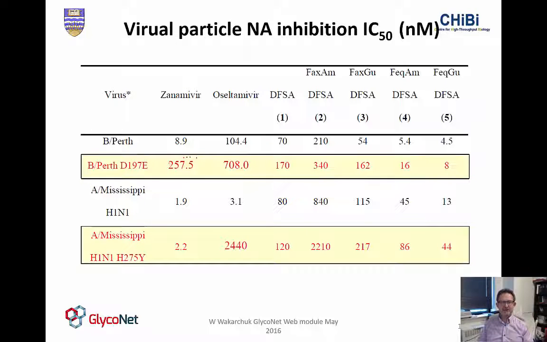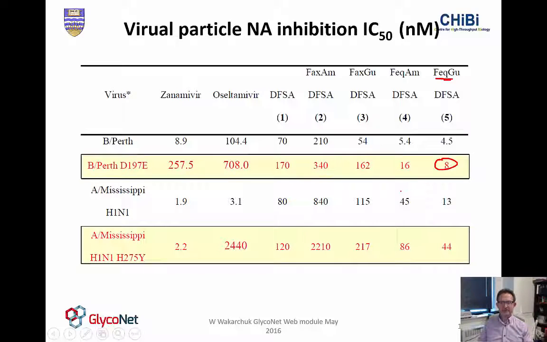And in one case, we see resistance to zanamivir, which is the initial Relenza compound. If we then focus for a minute on the equatorial fluorine with the guanidino substitution, we can see that the IC50 value here of 8 nanomolar for these strains which are resistant to the current drugs makes this compound look pretty good.